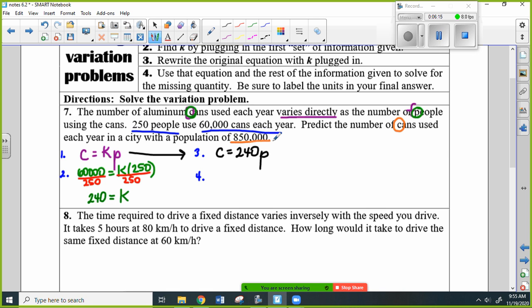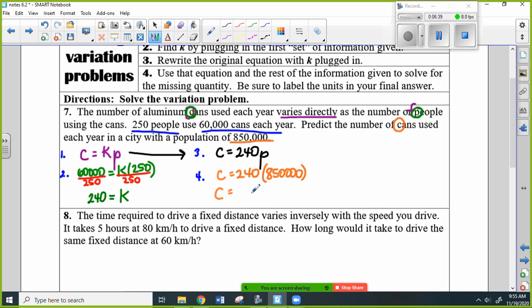Are you with me? So they want me to find C when I know that the population is 850,000. So I'm plugging in the other piece of information that I was given, and then I should be finding C for the answer. Okay?